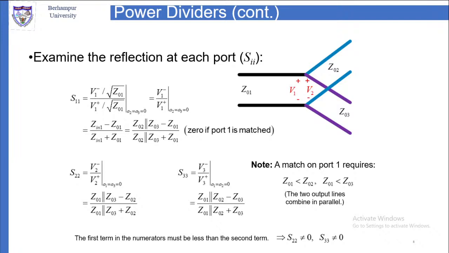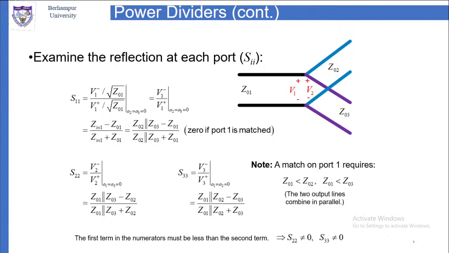If we look from the transmission line 1, then the impedance that we will see is Zin1, which is parallel combination of Z02 and Z03. So S11 is equal to Z02 in parallel with Z03 minus Z01 divided by Z02 in parallel with Z03 plus Z01, assuming that port 1 is matched. We have assumed that port 1 is matched, other ports are not matched.